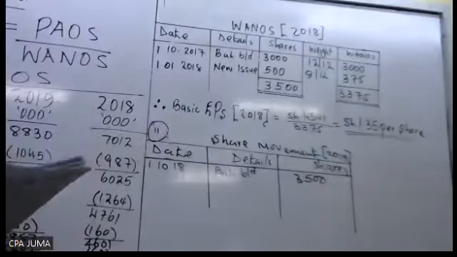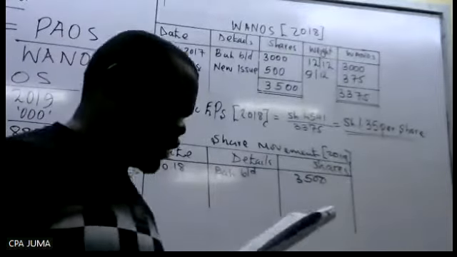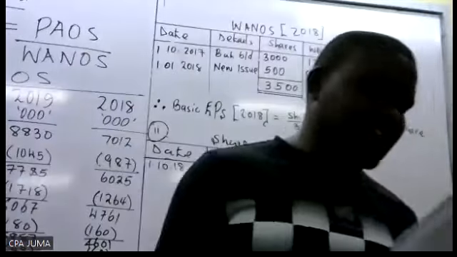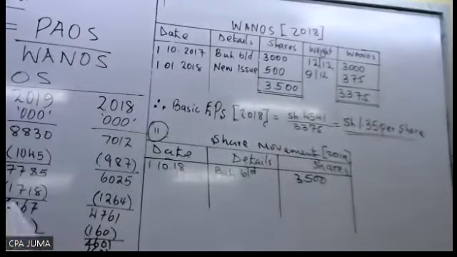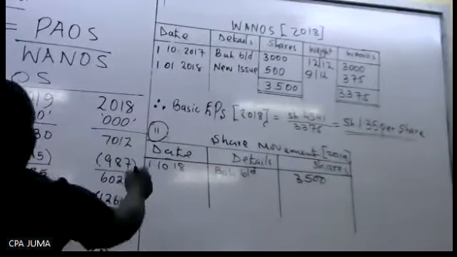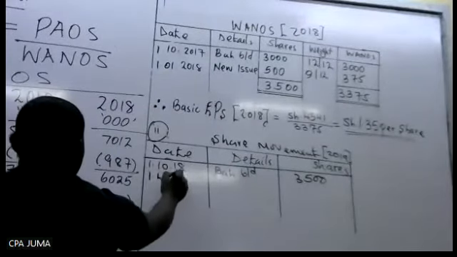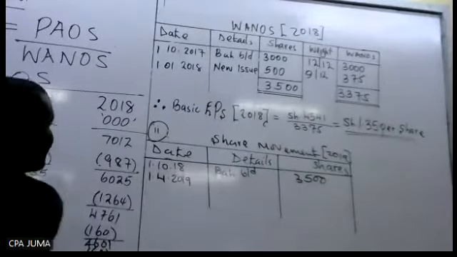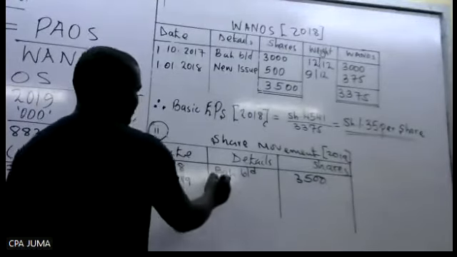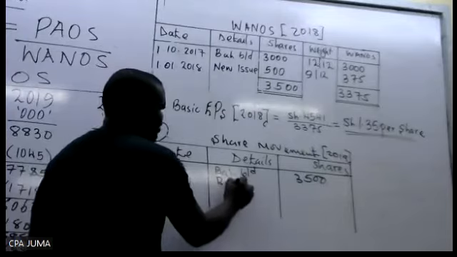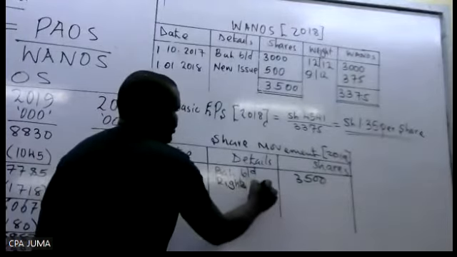The rights price per share was 42.5. Market value per share as at the same date was 48. So 1st April 2019. What happened? There was a rights issue.